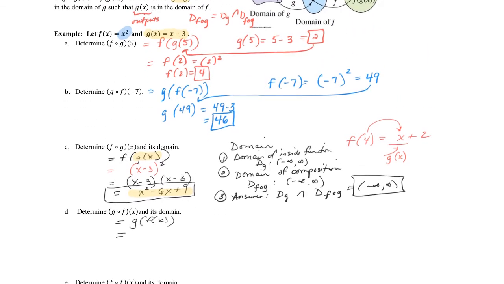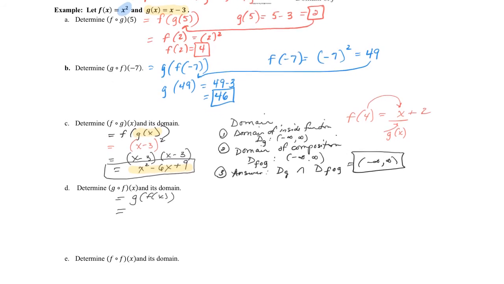If you look back up, g of x is equal to x minus 3, and f of x equals x squared. Everywhere that there is an x in the g of x function, we're going to replace it with whatever the f of x function is. So since f of x is x squared, this will be x squared minus 3.